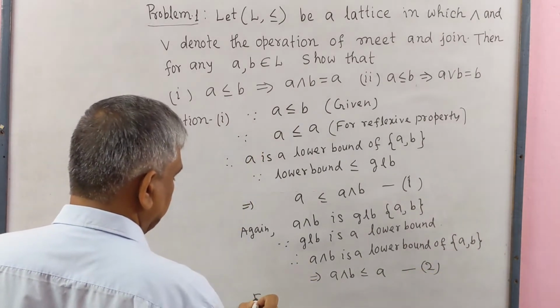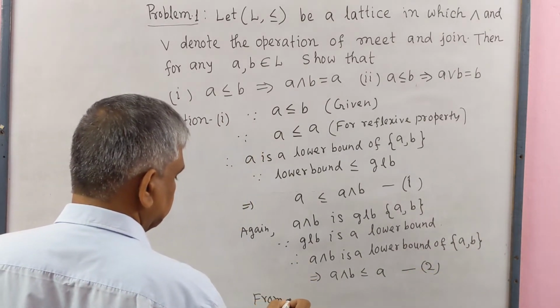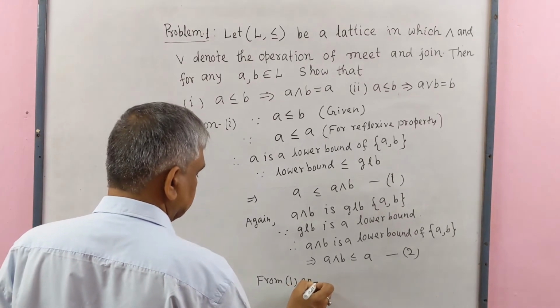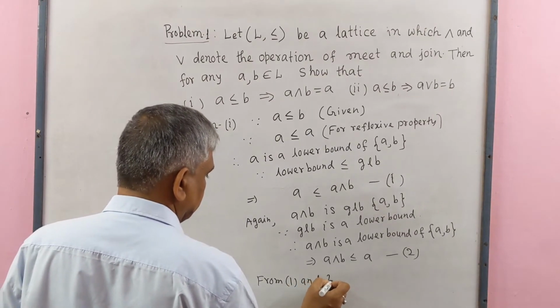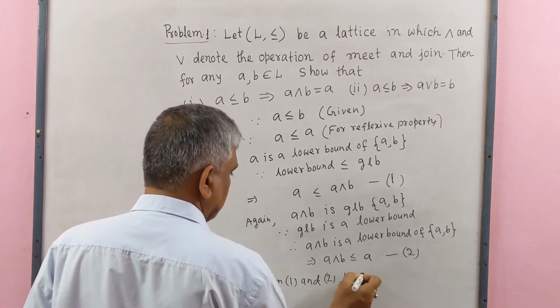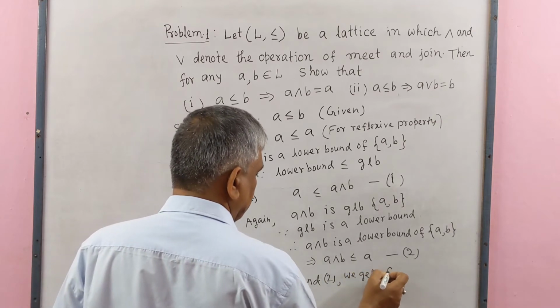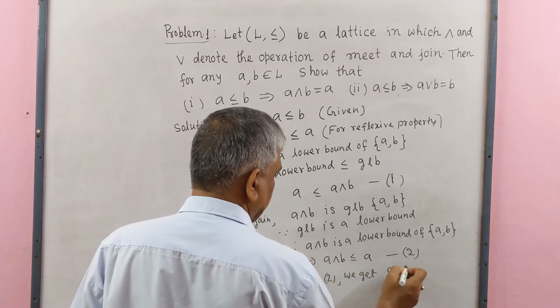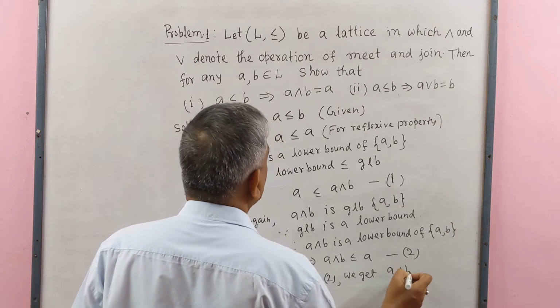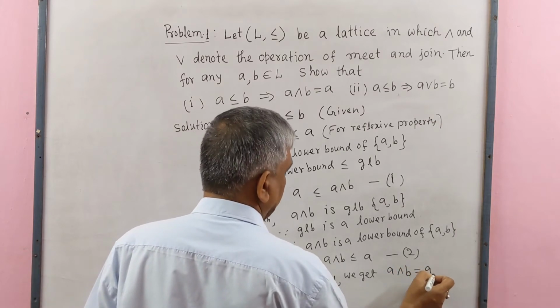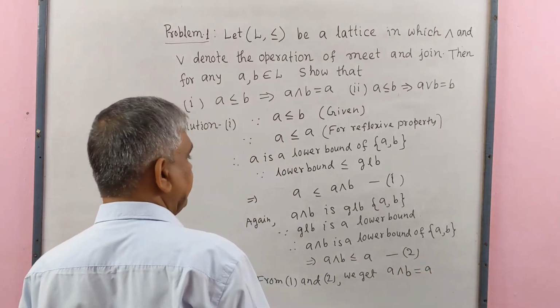From 1 and 2, we get A meet B equal to A by antisymmetric property.